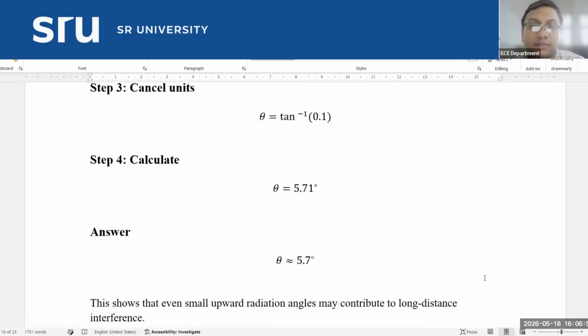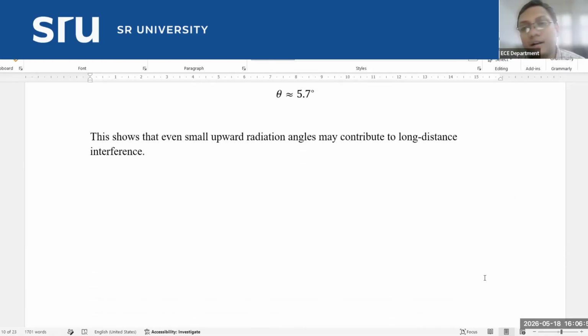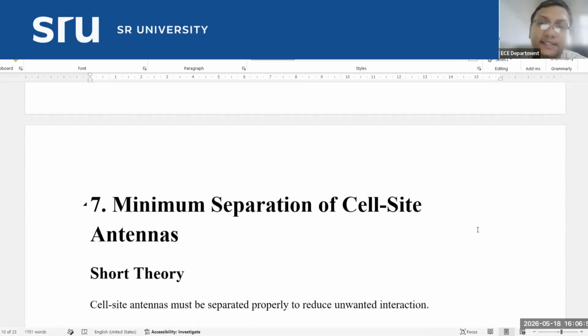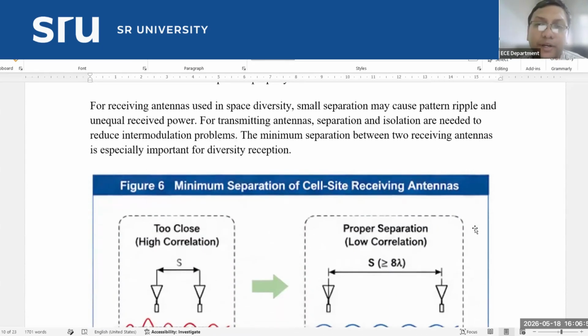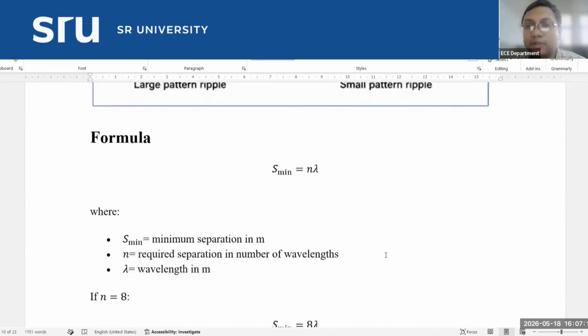But a point to point communication system is not a reflection based communication system. This is a free space communication system. So on both sides, if a high gain transmitter and receiver are used, there is no problem. That is desirable. But for a reflection based communication system, at the receiver side, we cannot use a high gain antenna.